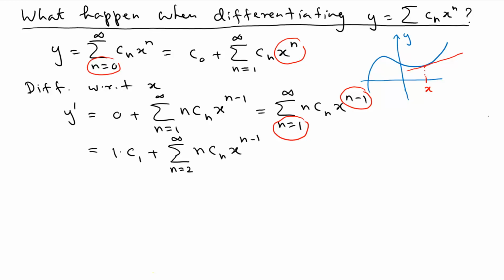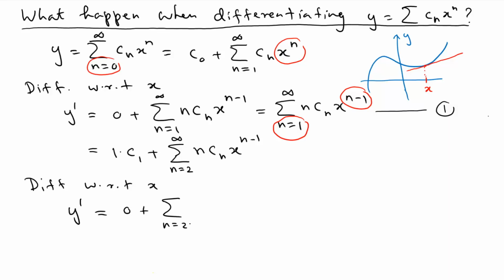Now we take the derivative again. For future reference, I'm going to call this equation 1, where you take the first derivative. Good. Now let's differentiate with respect to x again. You're going to see that y prime, as before, is a constant, so it's 0 and gone.